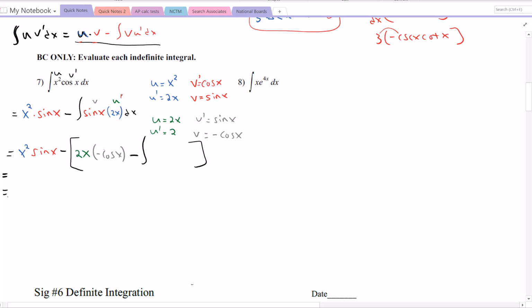I had the prime on the wrong thing up here. So that's the integral of negative cosine x times 2, and we're integrating with respect to x.